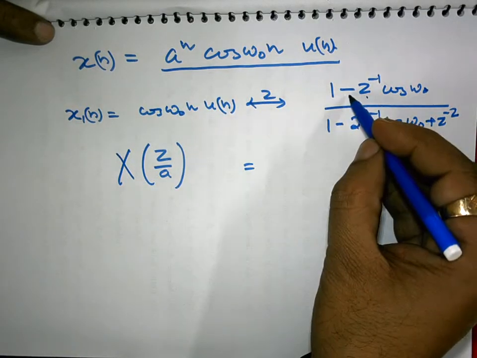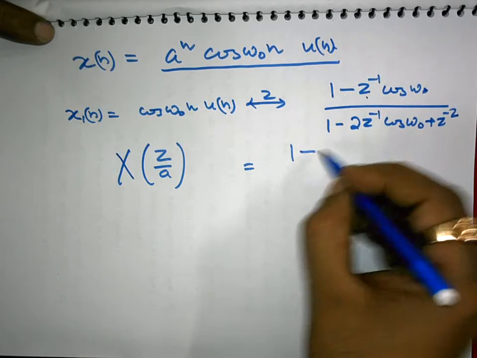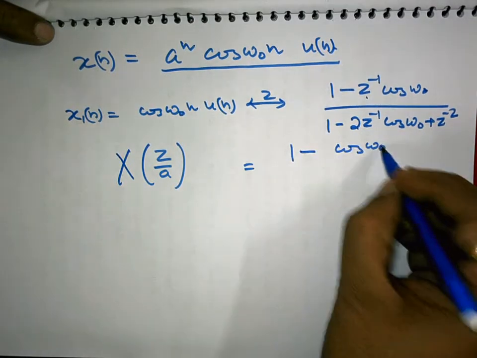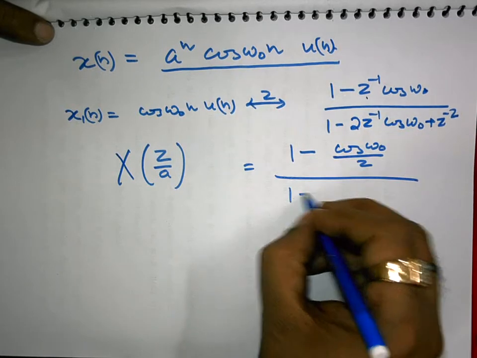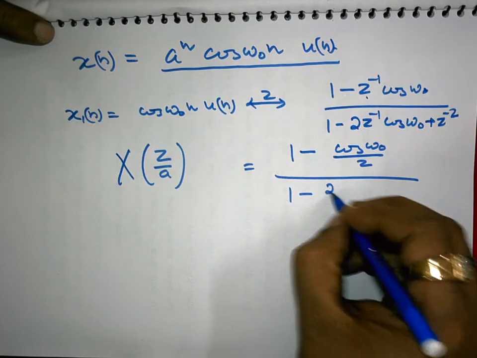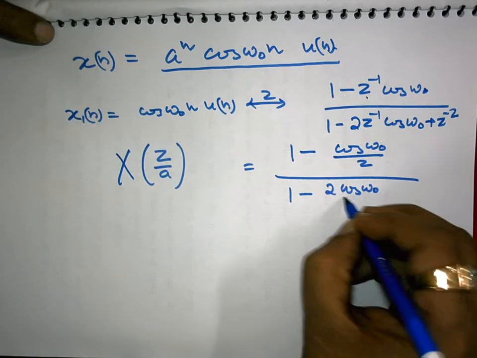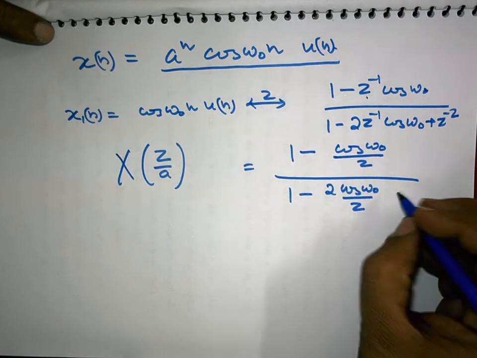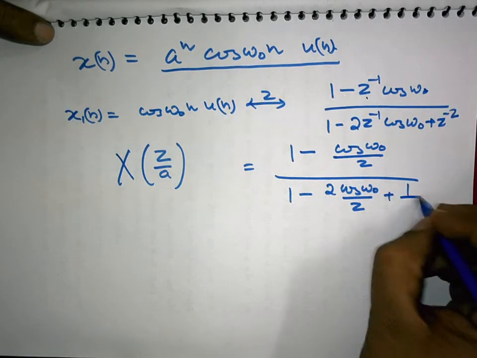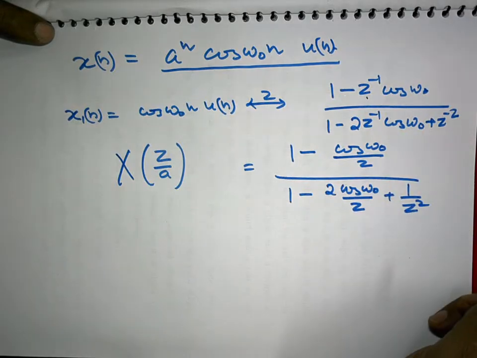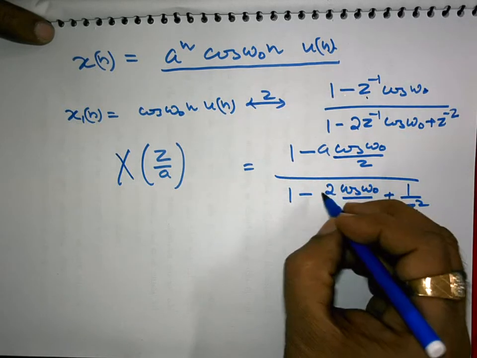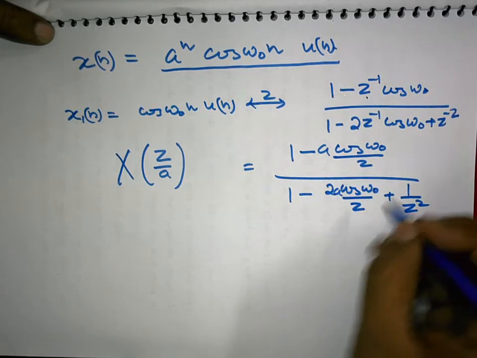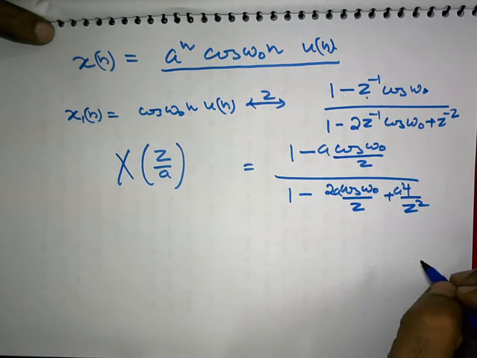So, if you simply modify this expression, it is 1 minus cos omega 0 over z, over 1 minus 2 cos omega 0 over z plus 1 over z square. So, every z is replaced by z by a. This means this will be a z, this will be a z, and this will be a square.